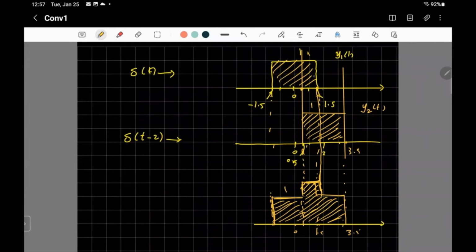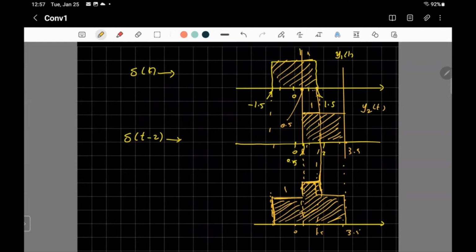When you are adding in the middle, if you know this point is 0.5, the time is 0.5. After 0.5, it's equal 1 here. And in the second response, after the time equal 0.5, the response is equal 1. And this continues up to this point, which is equal 1.5 for the first signal.